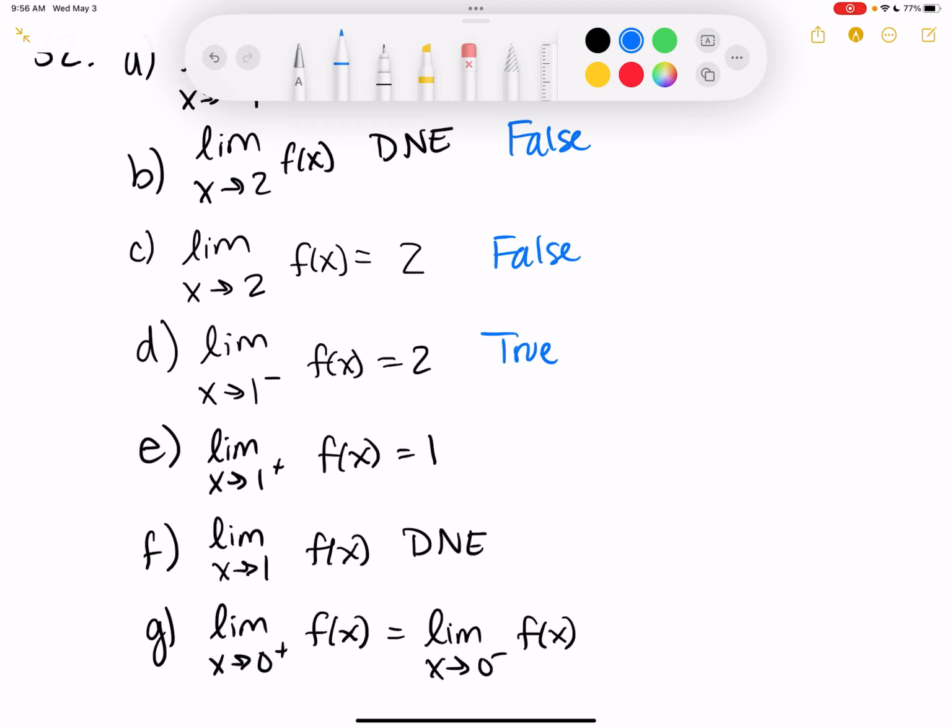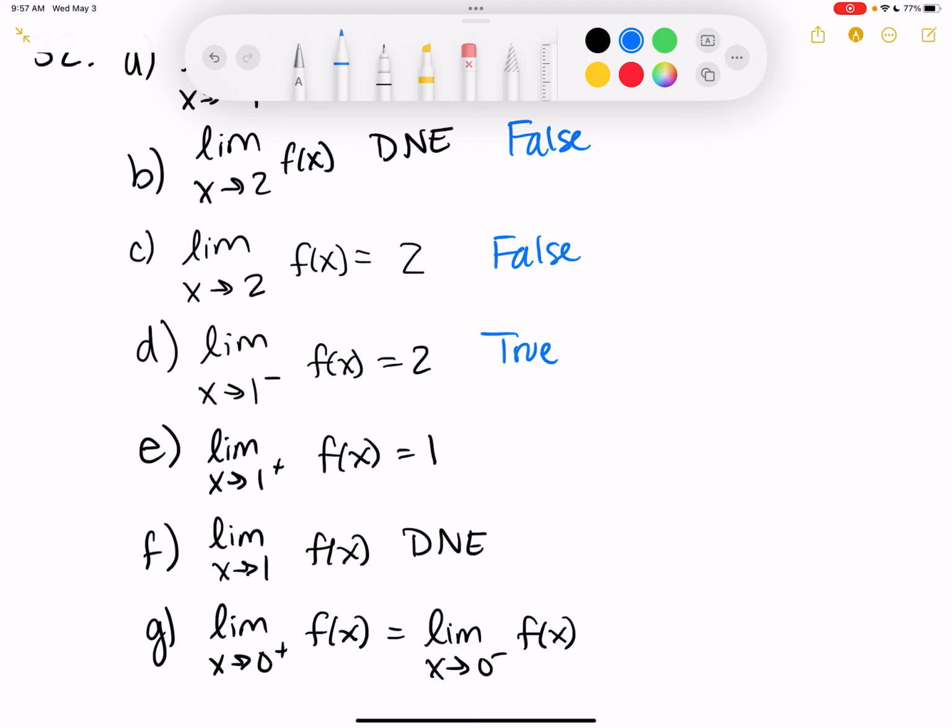But this graph here starts at 1, so there can't be anything to the right of 1. This one that has all the filled in dots starts or stops at 1. So there's nothing to the right of 1. Because from the right would imply like 1.000001. But there's nothing past there.